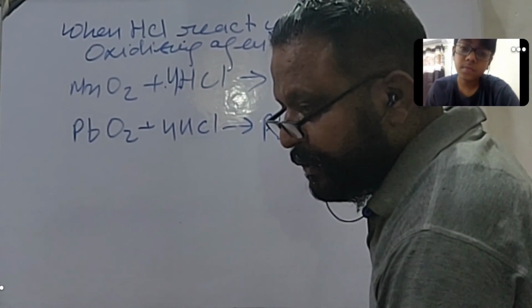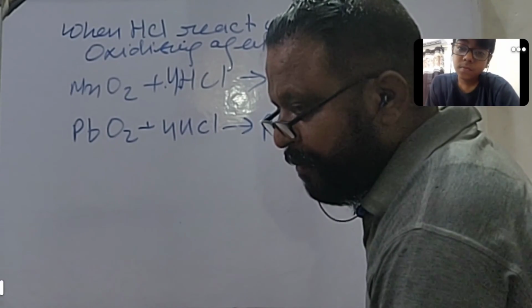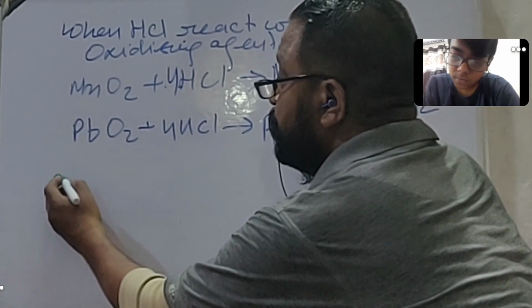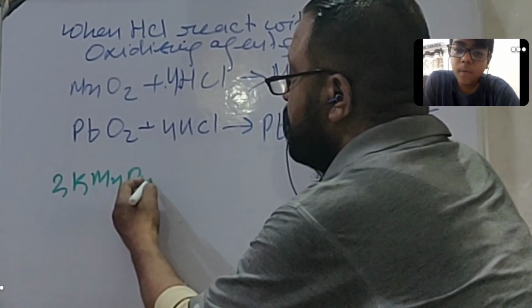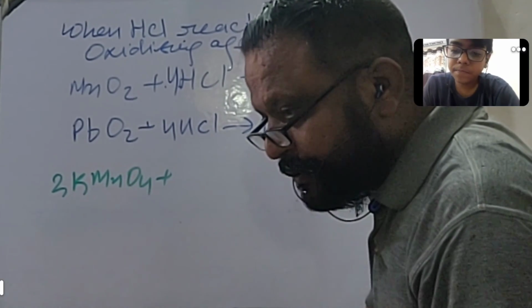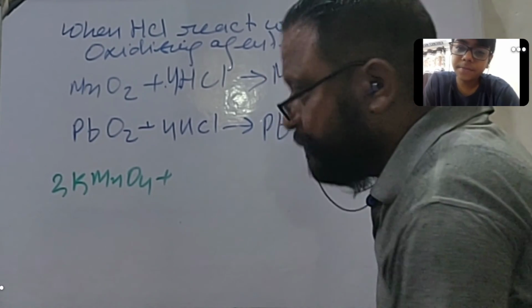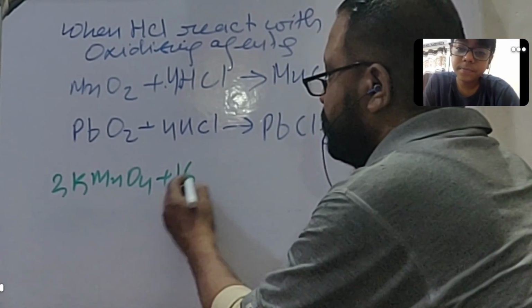It is written about KMnO4. 2KMnO4 reacts with how many HCl? Oh my god, 16 HCl.